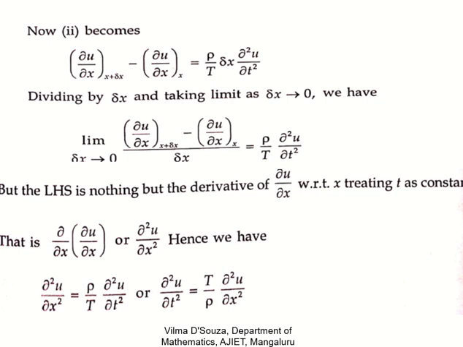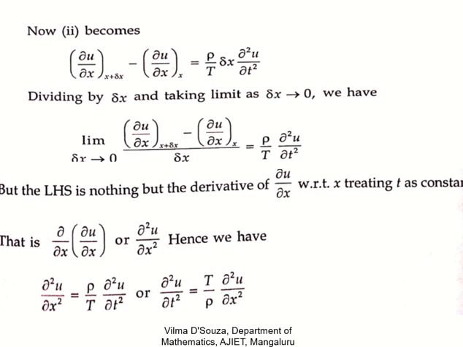Now you take the limit as delta x tending to 0. So limit delta x tending to 0, ∂u/∂x at x plus delta x minus ∂u/∂x at x divided by delta x is equal to rho by T ∂²u/∂t². Here there is no term containing x, so no question of taking the limit.